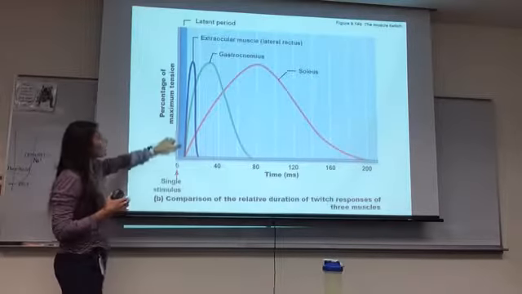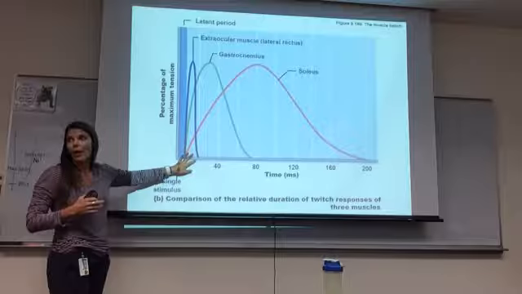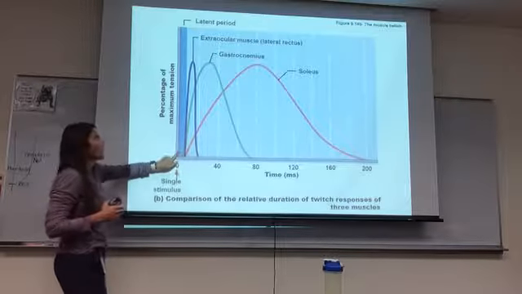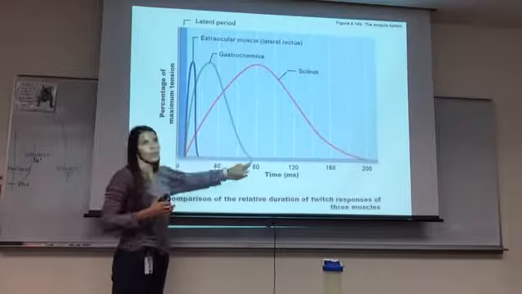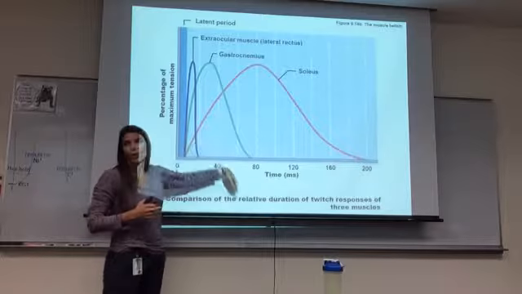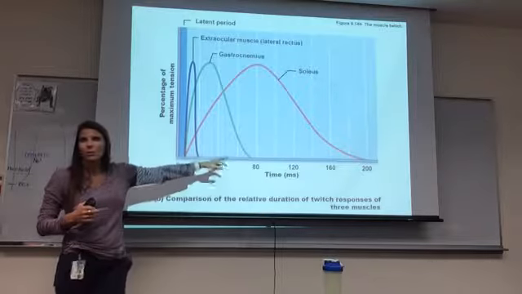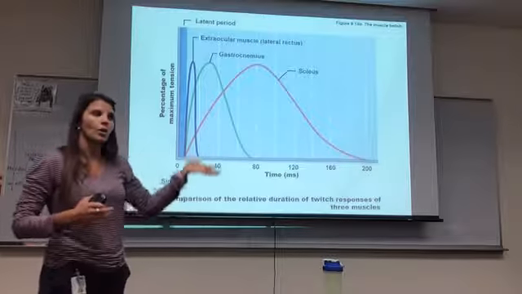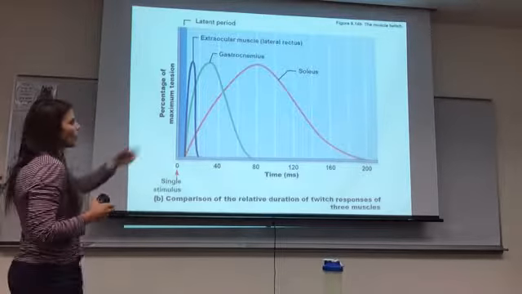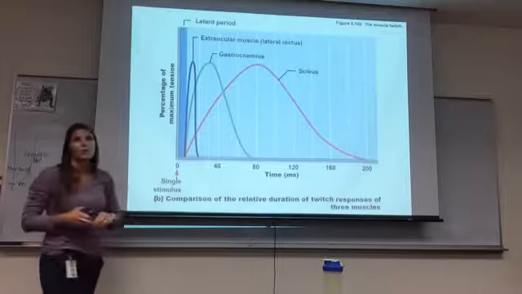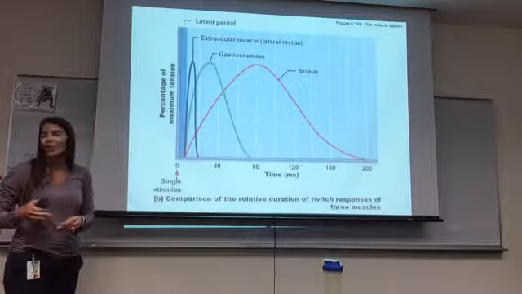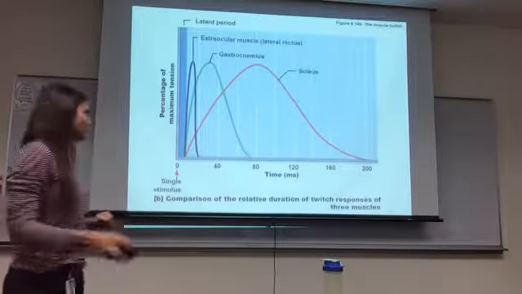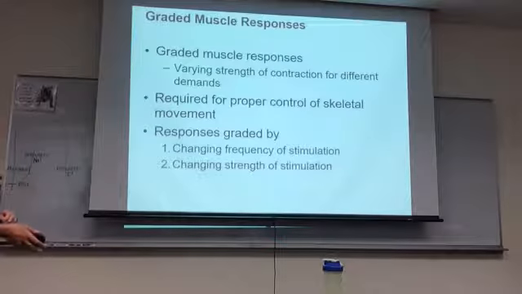You can see that they contract really fast and they relax really fast because this is a smaller muscle. As you get to bigger muscles, we have a slower contraction and a slower relaxation. What's the gastrocnemius? The calf muscle. Okay, so the calf muscle has a longer period. Then we have the soleus muscle. What's the soleus muscle? It's still in your leg. I said thighs, but legs.